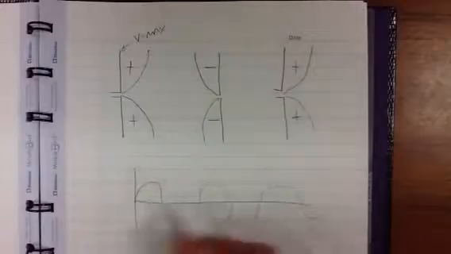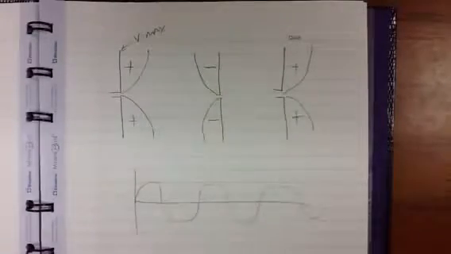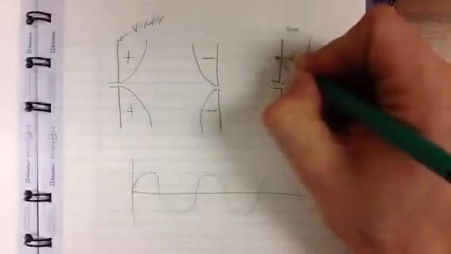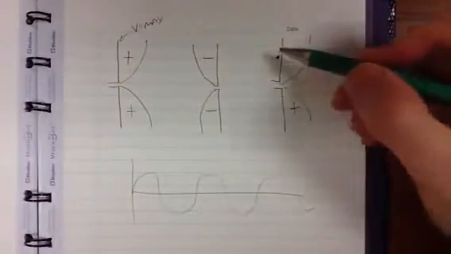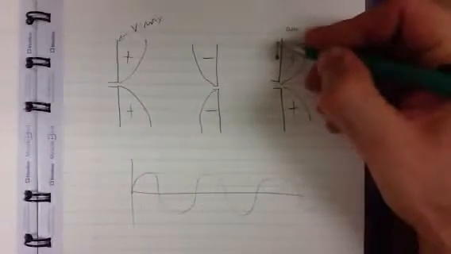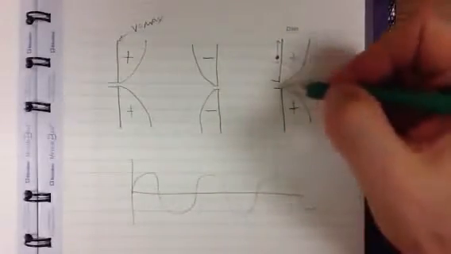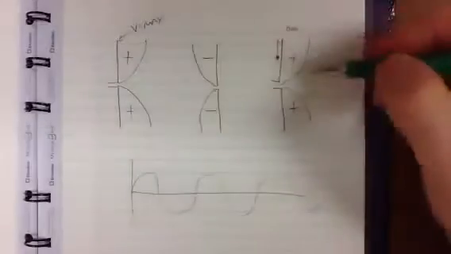Positive, negative, positive, negative, because the voltage that you're supplying to the antenna is positive, negative, positive, negative, like that. So if there was an electron here, this voltage is going to push the electron in one direction, and then a half cycle later, it will push it back the other way, and a half cycle later pushes it back again.